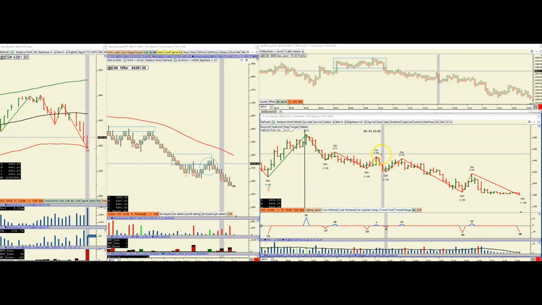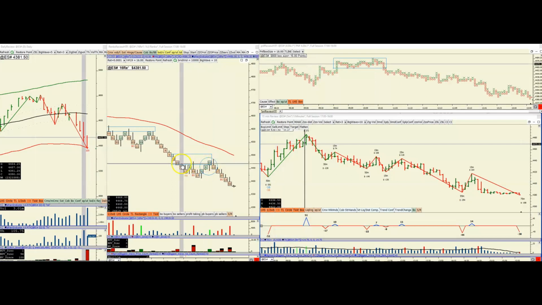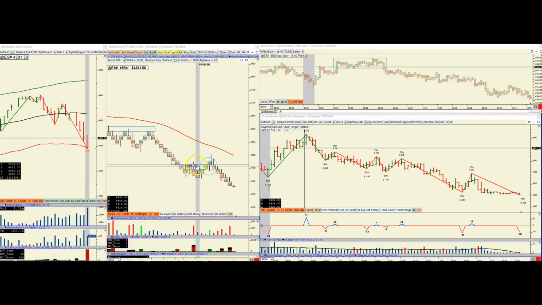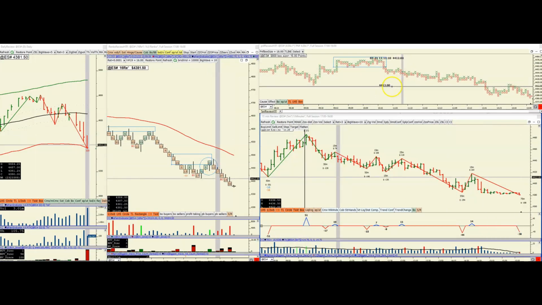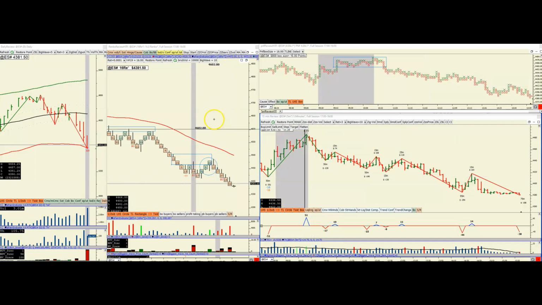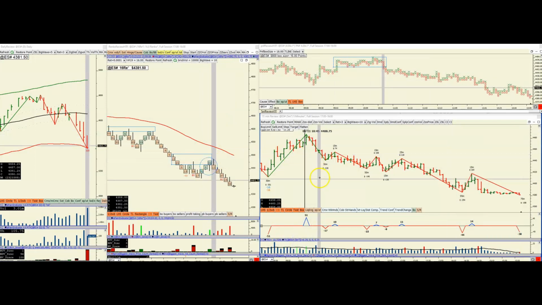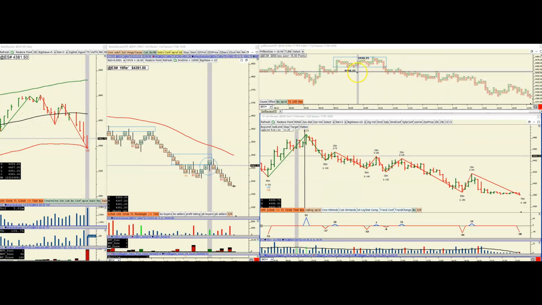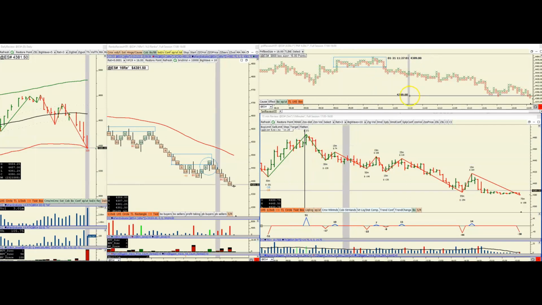Okay, so on that pullback, the volume increased on the Renko, going to the location, like a high volume breakdown or whatever, and increasing in volume. Why? Because there's selling going on there, right? So what are you looking at for the location? On the wave chart, you're looking for a turn, and on the point and figure, you're looking for distribution.